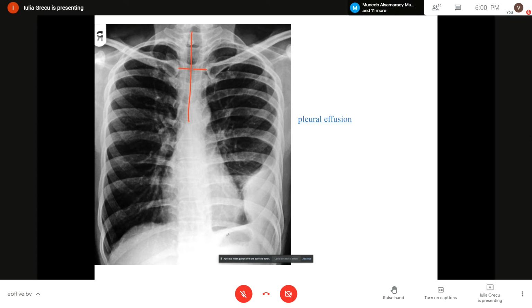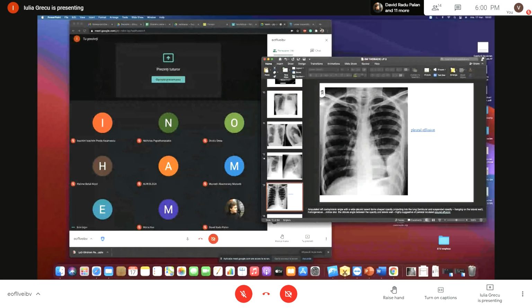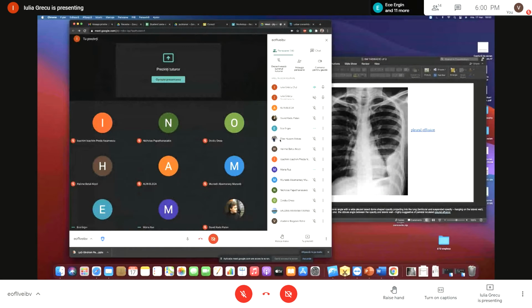What would you do next to confirm that this effusion is loculated in the lateral pleura? Ece, do you have any ideas? I don't think I know this. Okay, so let me continue with Elias.